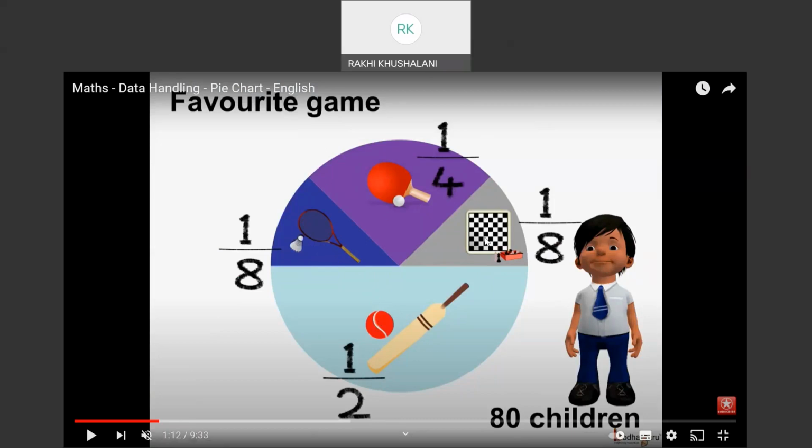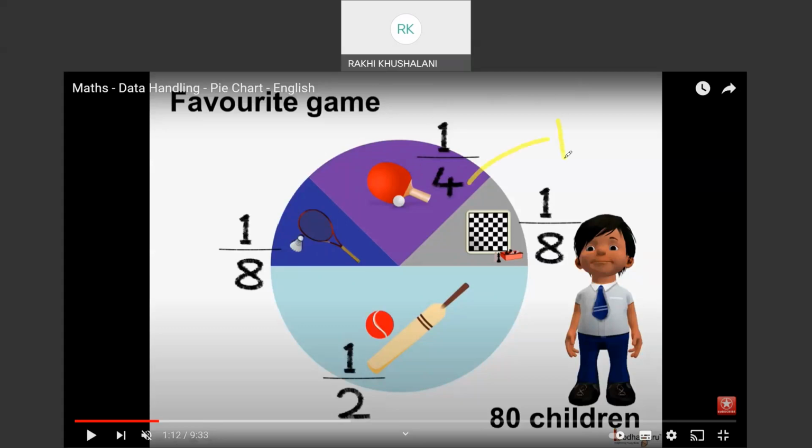And as per this diagram, half of the children like to play cricket. 1/8 portion of the children like to play badminton. 1/4 part of the children like to play table tennis, and 1/8 part of the children like to play chess.